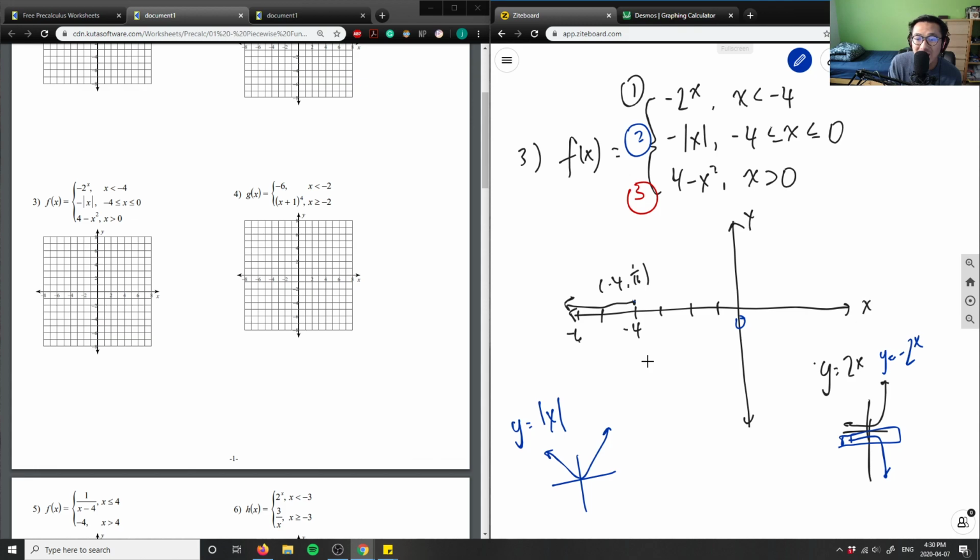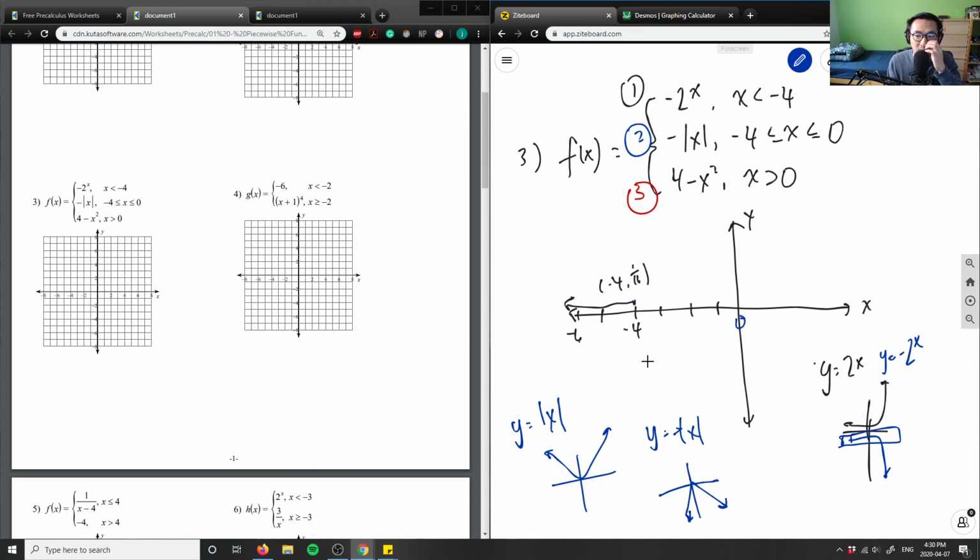If I did the negative of that, y equals negative absolute value of x, I would flip it up and down along the x-axis. So I would get something like an upside down V. That's what we're going to get in this part here.